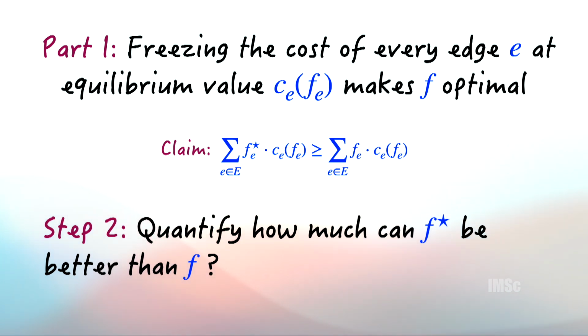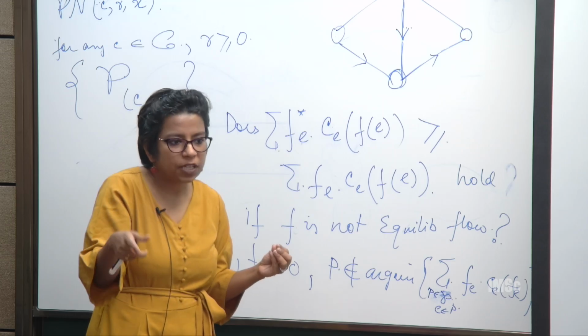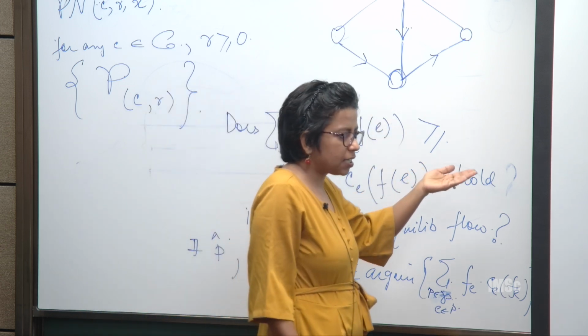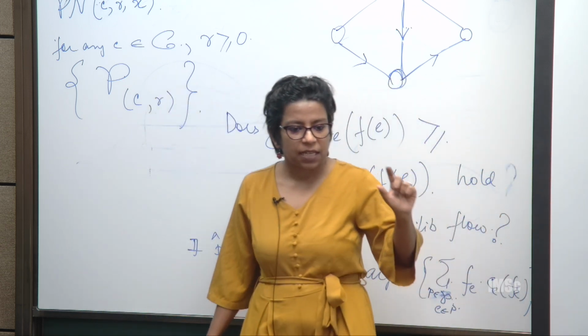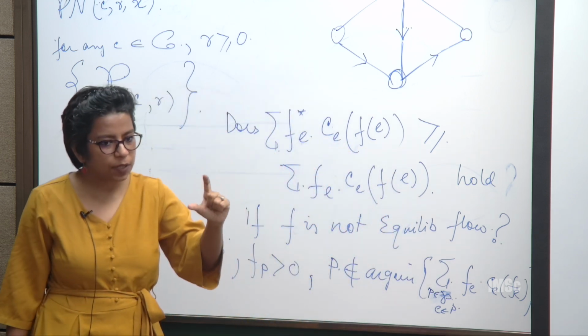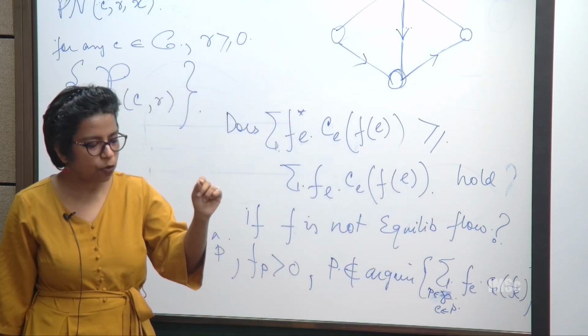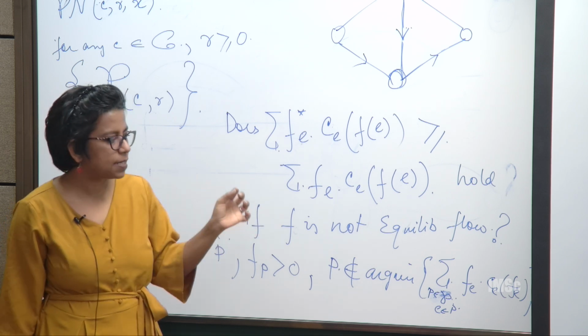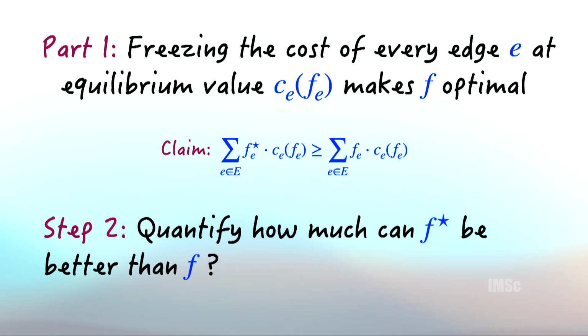The cost of the flow is basically aggregated over the paths through which the flow is moving, correct? So the intuition is to show that the difference between the way the optimum flow f star routes flow through every edge versus the cost incurred by the equilibrium flow on any edge has that alpha C property.